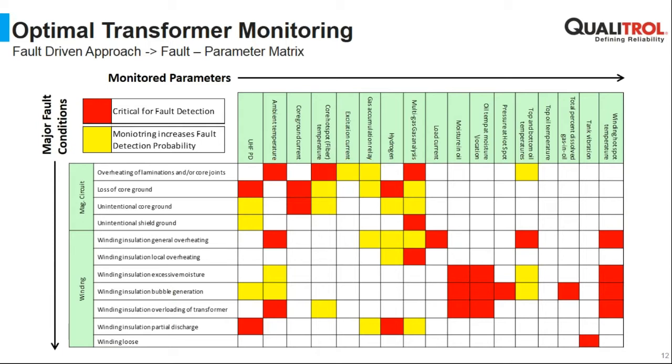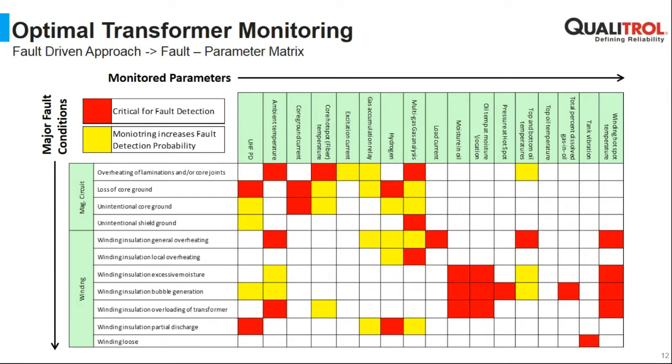For sure, if you're losing the core ground, it starts to spark, and so PD would be something very interesting for that. UHF PD is a method, a parameter you can use in order to detect that. And core ground current, of course, if you have the possibility to measure it, if the grounding is brought out, is also a good possibility.